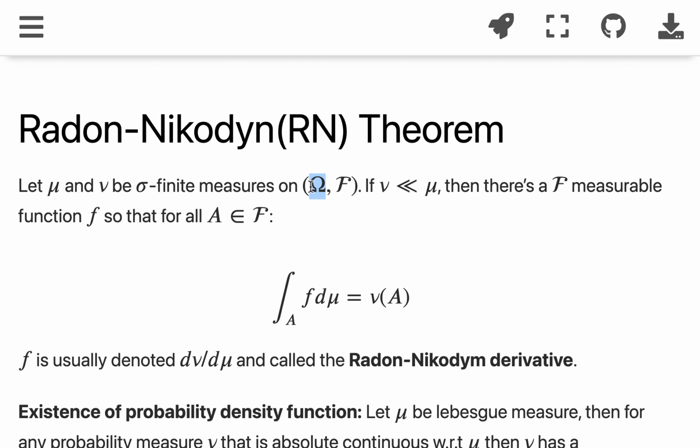So basically it means that we can cover the whole space by finite measure sets, increasing sets. Each of the sets A_i has a finite measure.